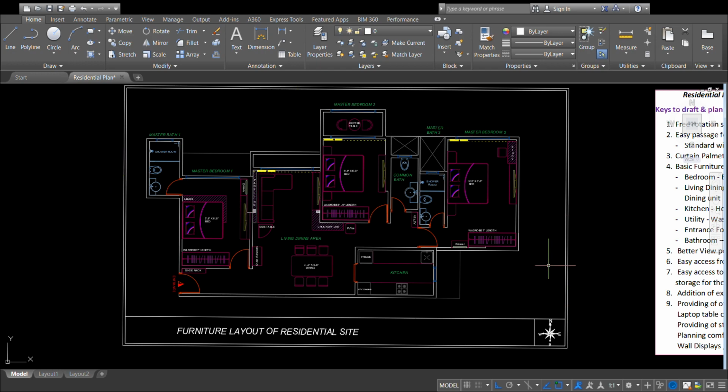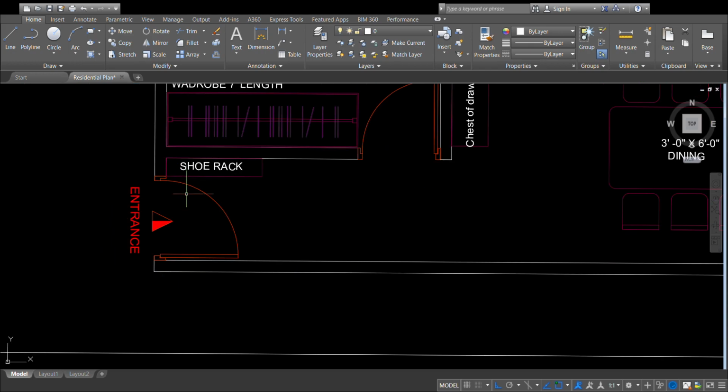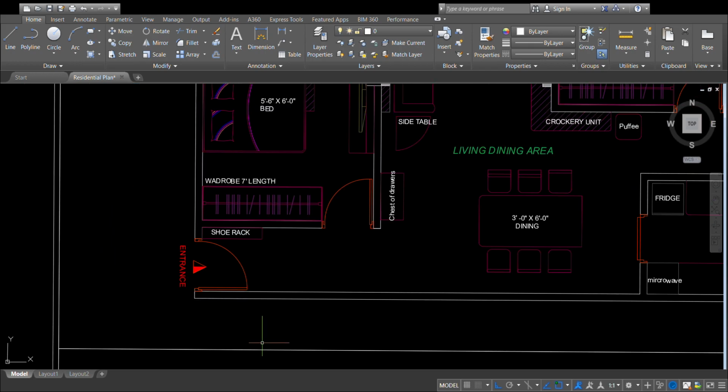First of all, I'll show you a layout of a residence. This particular 3-bedroom hall kitchen plan has been drafted by me in AutoCAD 2017. We'll just quickly go through the entire layout before we start discussing the key points. As you can see, this is the main entrance of the residence.